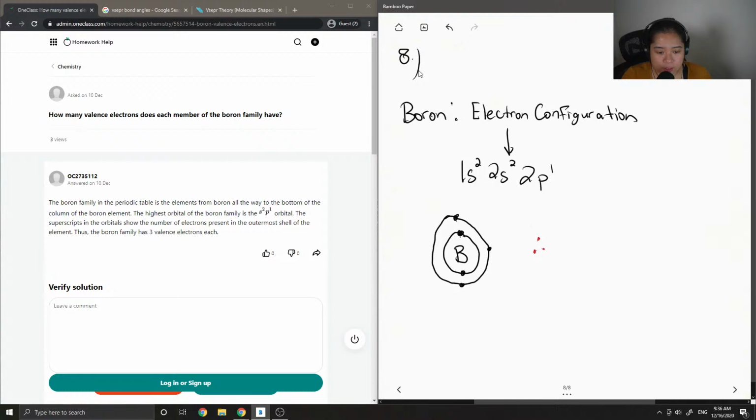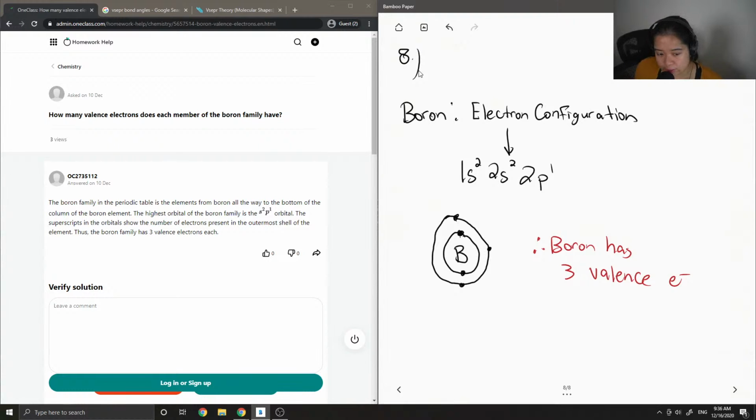So therefore, boron has 3 valence electrons. So all of the elements in the same column as boron will also have 3 electrons.